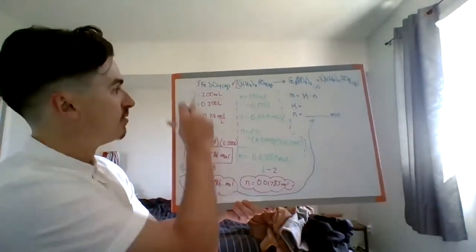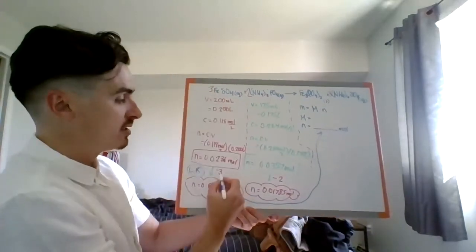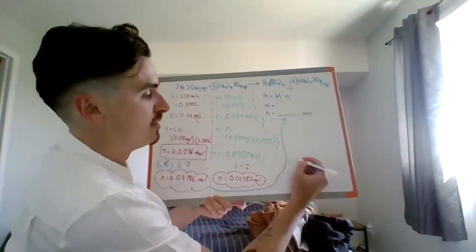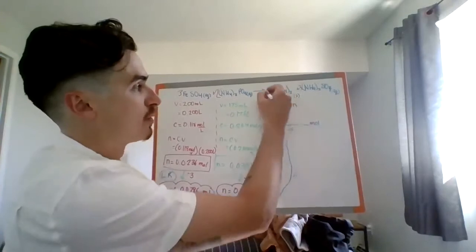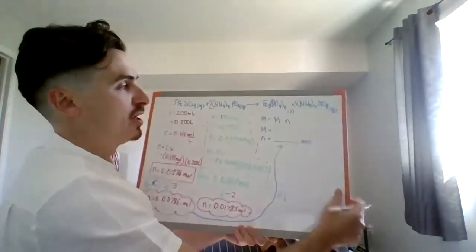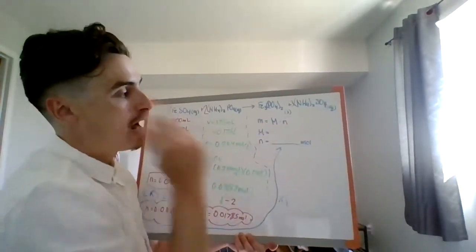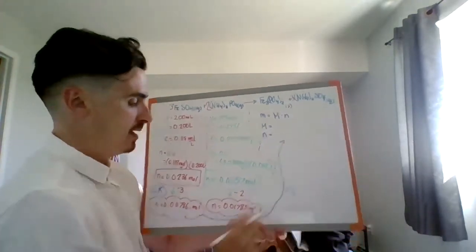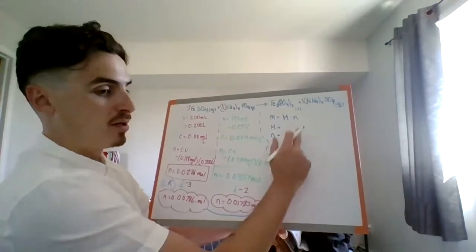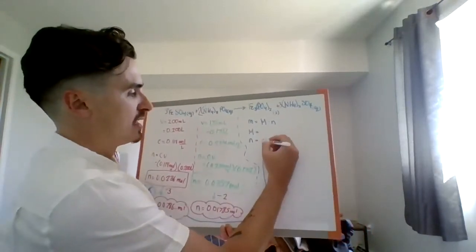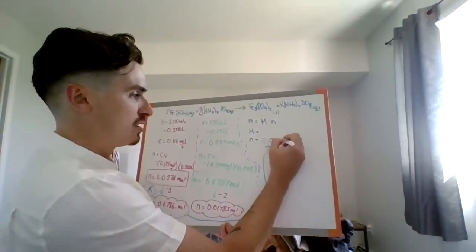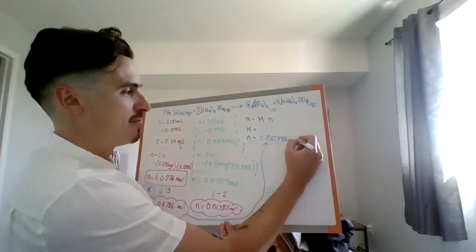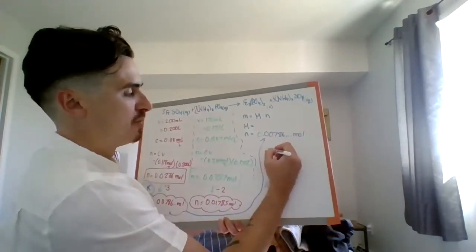I have already divided by where I start, so all I have to finish now is multiply by where I'm going, which is a coefficient of 1. Again, I'm riding the molar coaster to the precipitate because it's the solid. So I'm going to get 0.00786 moles. Figure out the mass.